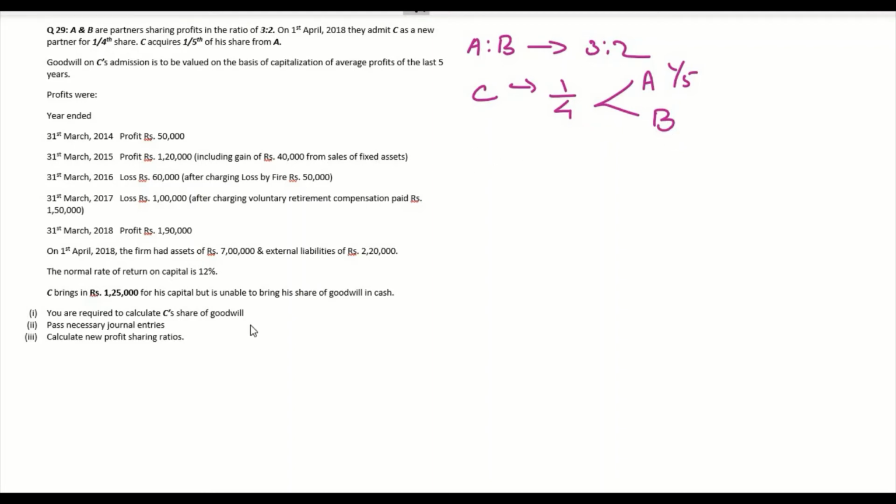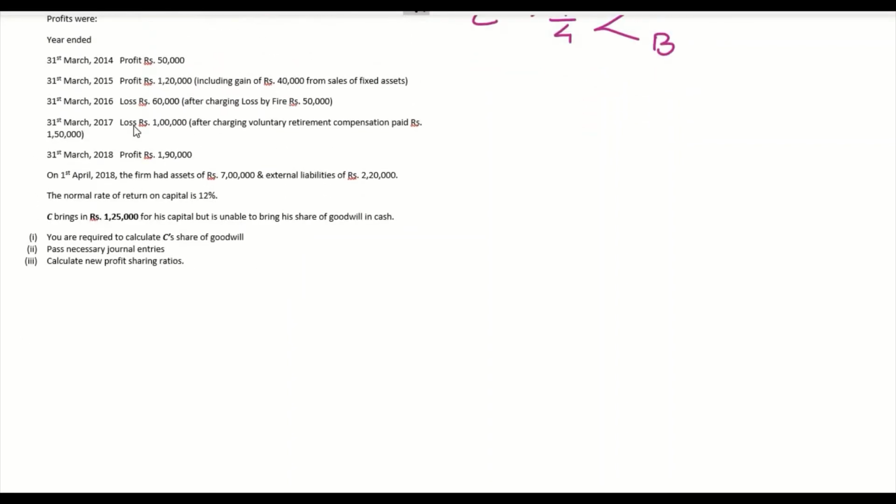Then the first part of the question says you are required to calculate C's share of goodwill. So to find out the goodwill, we have to follow capitalization of average profits of the last 5 years. Okay, let's find that out. So each year it is mentioned and the profit is given.